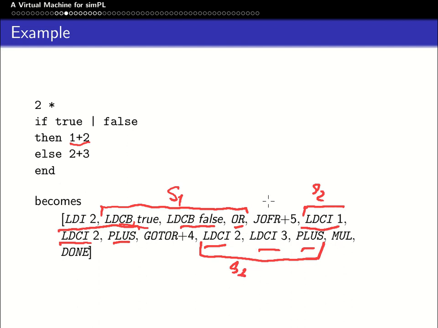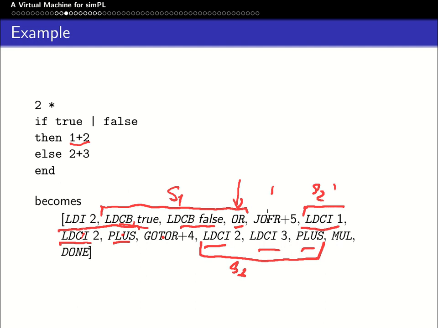In the middle, I wish I had a different color, notice the Joffre and the go to. If the PC is here at the time of executing this, we're going to have to skip 1, 2, 3, 4, 5 instructions, so we end up here. When we're saying Joffre plus 5, the argument is plus 5 because we could also jump negatively.